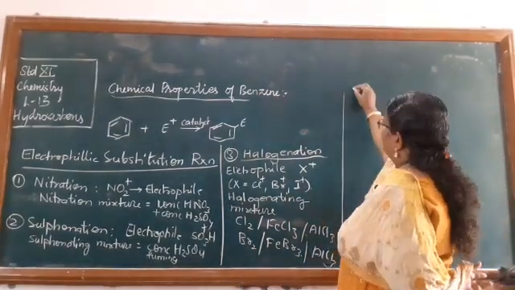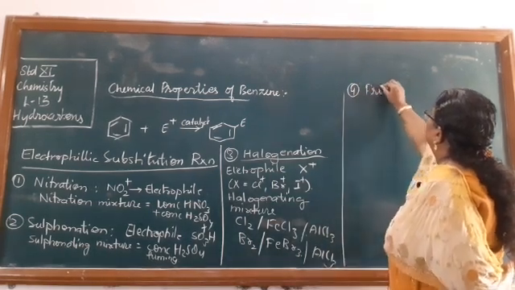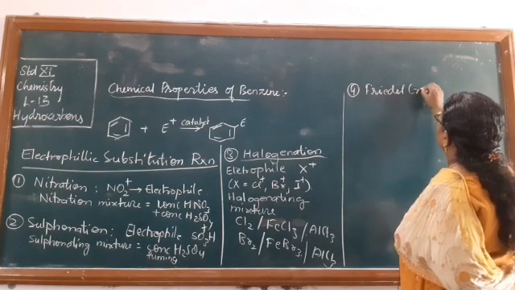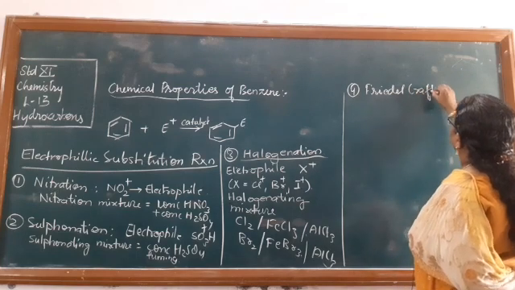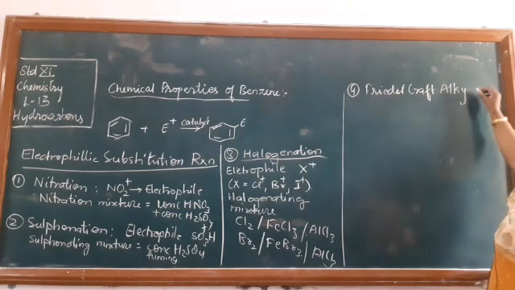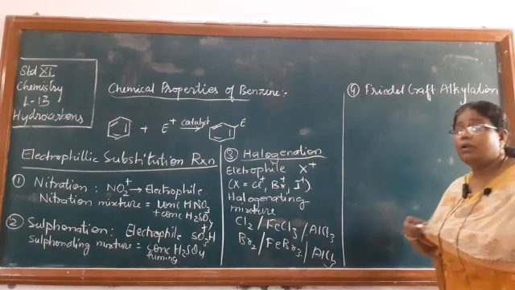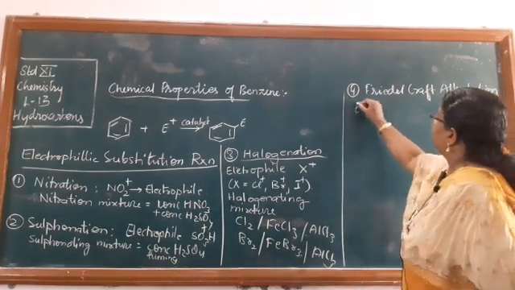Then you have the fourth one, which is Friedel-Crafts alkylation. Which is the electrophile generated here?